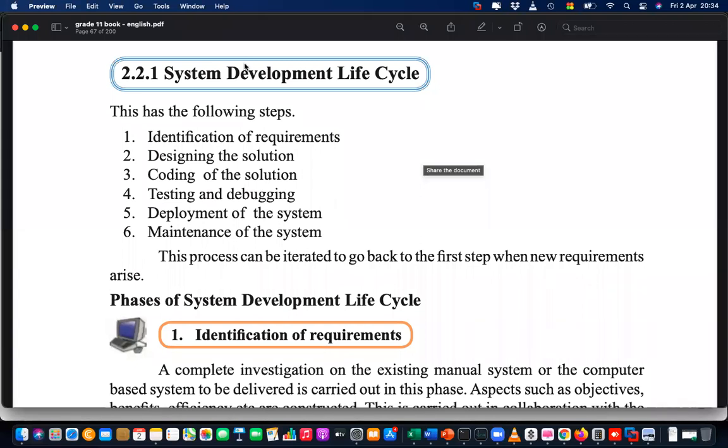For example, why are you coming to this class? Because you have a problem. The problem is facing the exam and getting very good results. You think that you don't have enough knowledge to answer the paper. That is the problem.